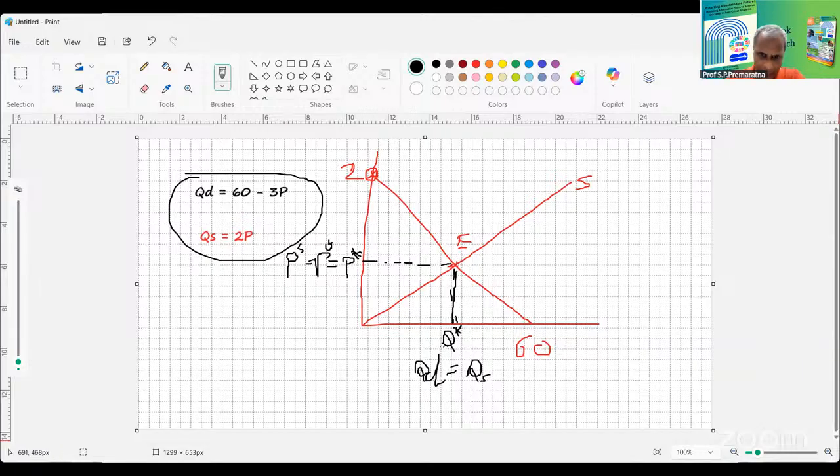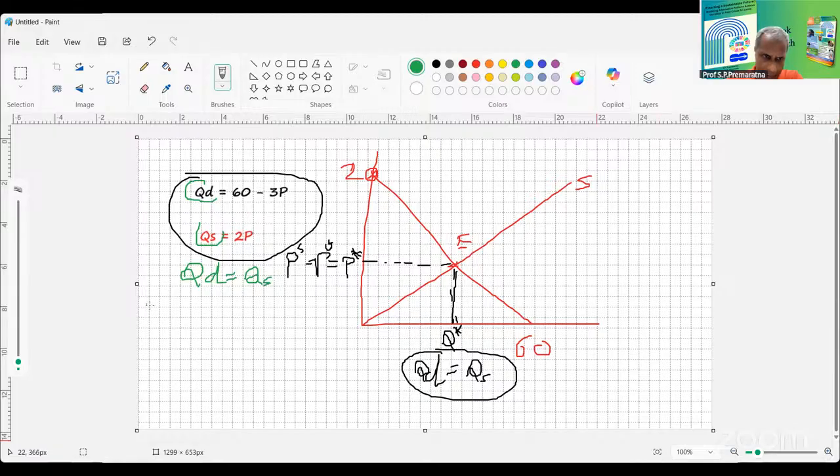So with this concept, QD equals QS, since we have the demand QD and supply QS functions, we can find the equilibrium price and quantity. Here, QD equals QS.